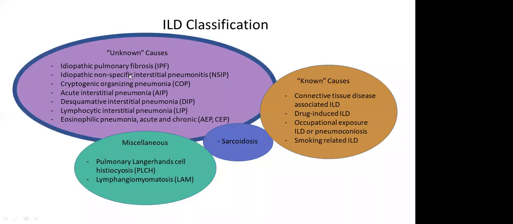We talk about the unknown causes, meaning that the inciting problem is idiopathic. We don't understand why it happens. And here's the list of them. IPF, idiopathic pulmonary fibrosis. We're going to talk about it in a little bit more detail because it's sort of its own separate thing.